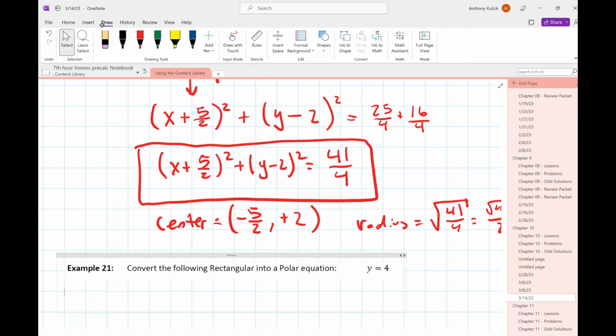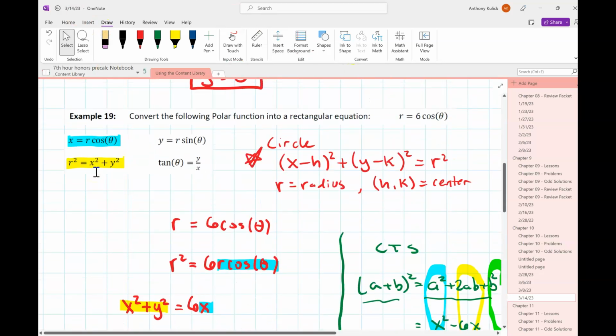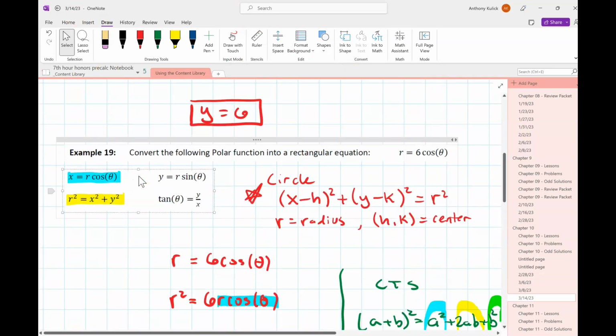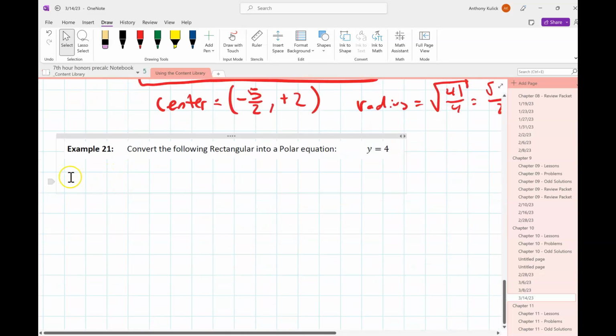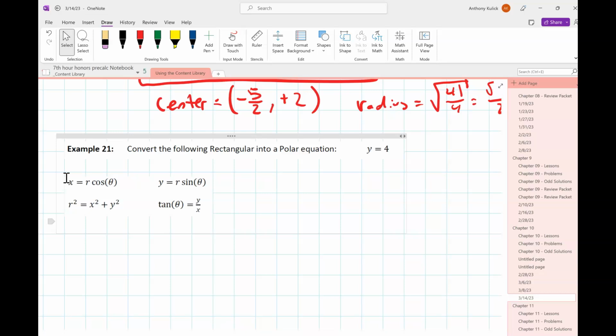Here we're going to be doing the reverse. We're given a rectangular equation and want to convert it to a polar. What am I going to use to do this? The same 4 formulas that we've had before. So I notice y is just r sine theta.